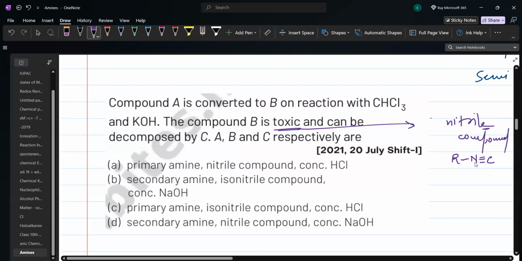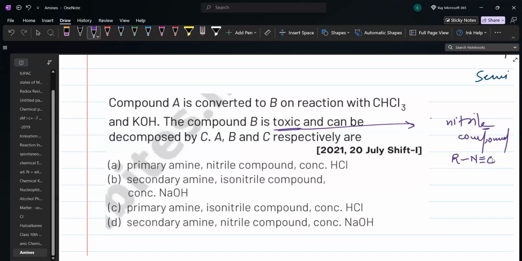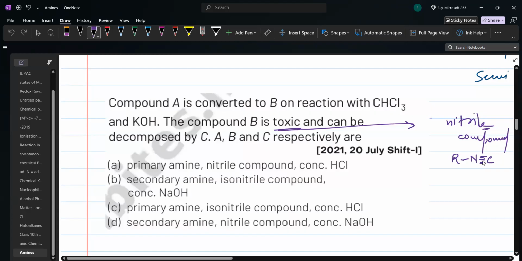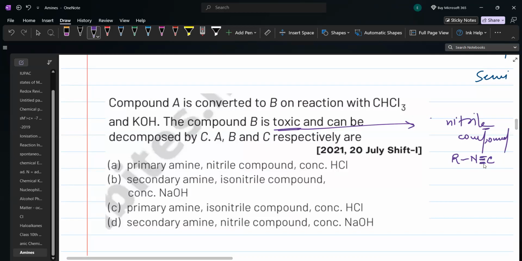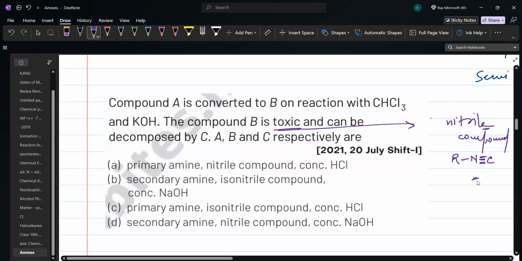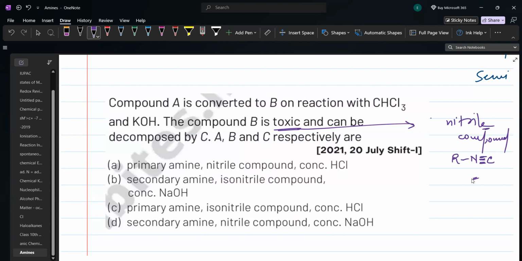N is bonded with any alkyl group, with carbon with three bonds. Yes, sir. So I think B is known that it is something like this. So it could be nitrile or isonitrile.